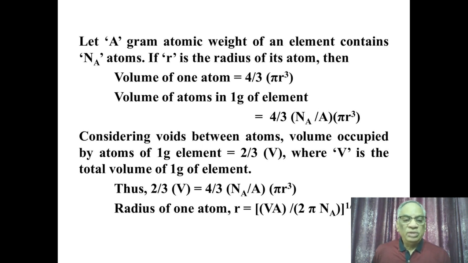That is, (2/3)V = 4/3 × Na/A × πr³. So the radius of one atom, r, can be calculated as r = (VA / 2πNa)^(1/3), where V is the volume of 1 gram of element, A is the atomic weight, and Na is Avogadro's number, 6.02 × 10^23. So the radius of one atom as an approximate value can be obtained as (VA / 2πNa)^(1/3).